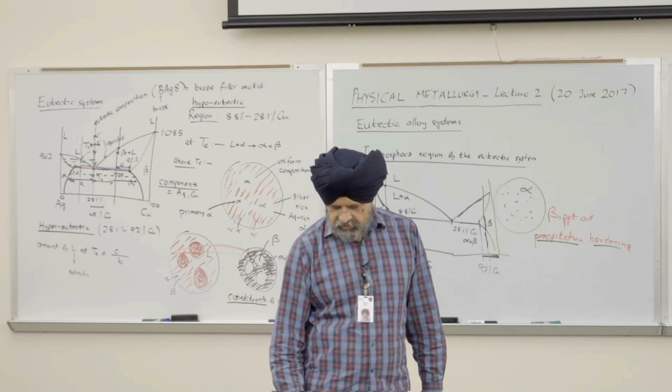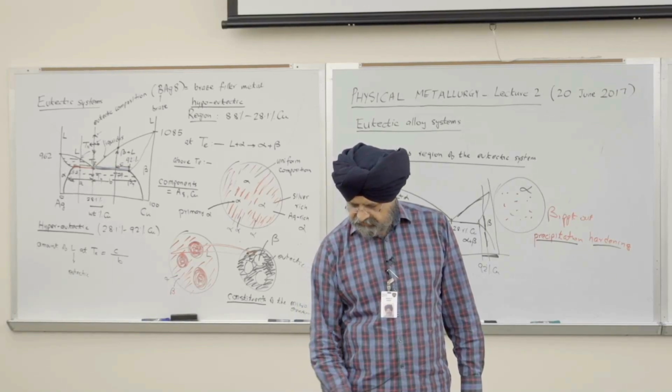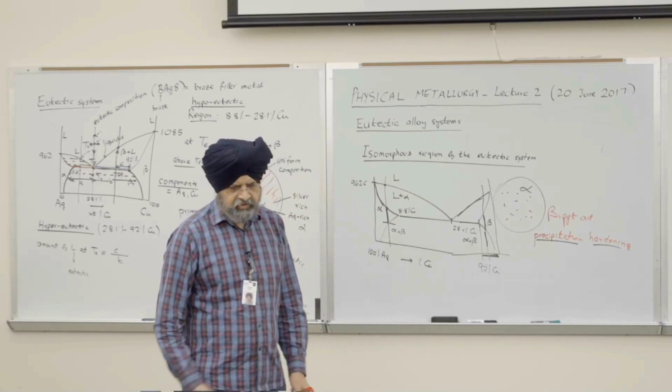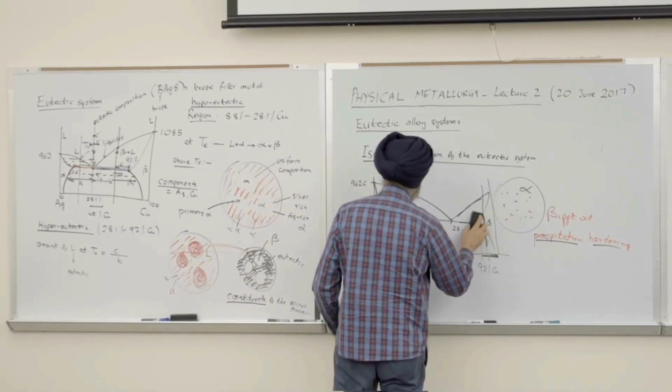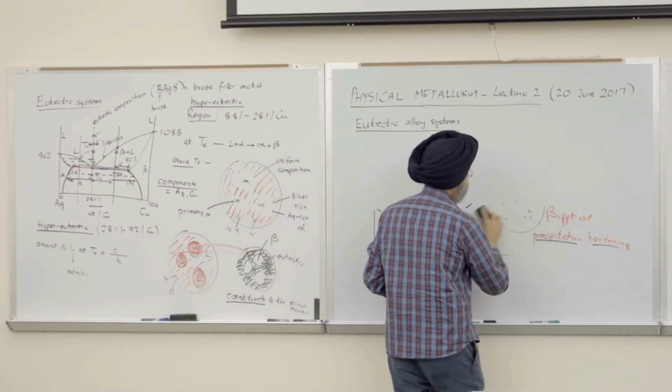Okay, so we are done with the eutectic structure. So now there is another eutectic, which is useful for us. So we have a few minutes remaining. So let's discuss another eutectic system.